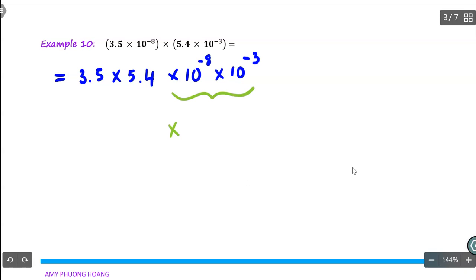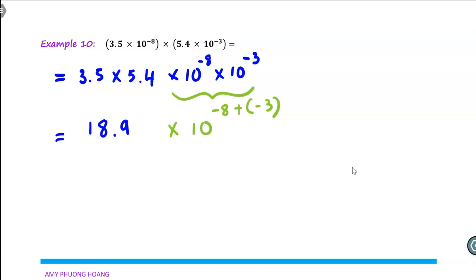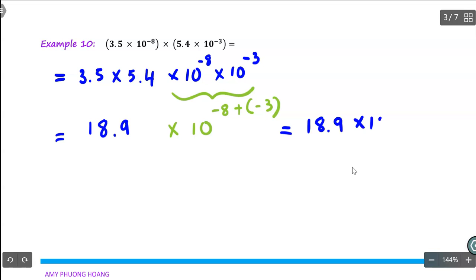So this will give me 10 to the exponent negative 8 plus negative 3. And when I write 3.5 times 5.4, the number is 18.9. Alright, so let's start writing it as 18.9 times 10 to the exponent.